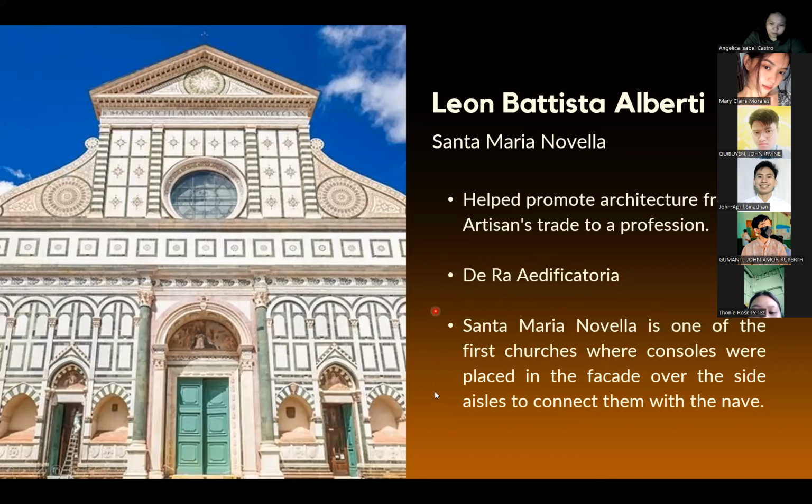Maybe more than what was recorded, but this is the first recorded one, or one of the earliest. Santa Maria Novella is one of the first churches where consoles, this one, were placed in the facade over the side aisles to connect them with the nave. You still have your nave, you still have your aisles, and now you have your console.